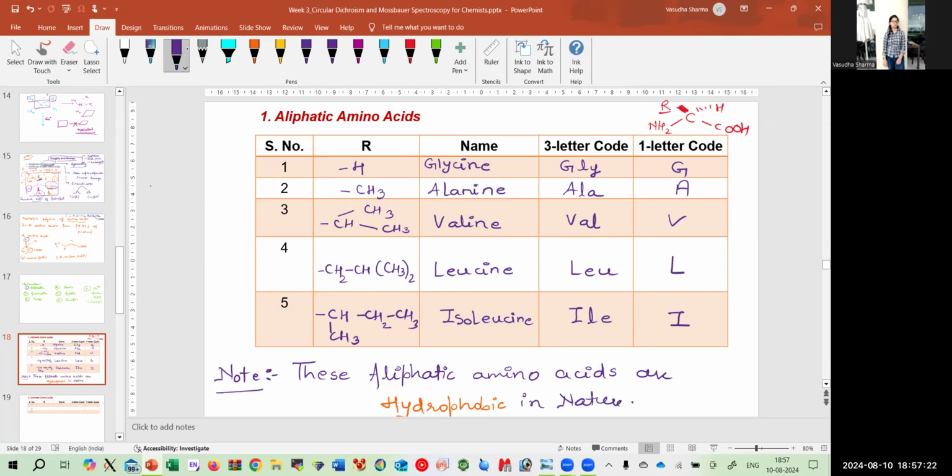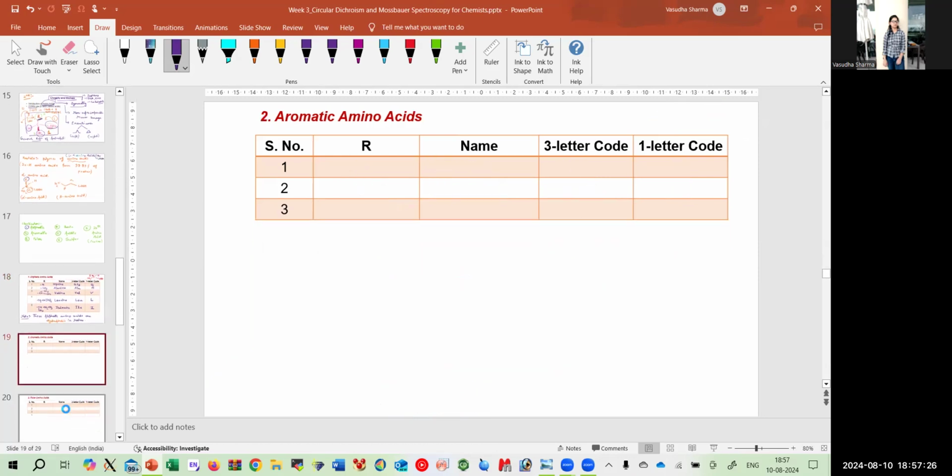So the first classification is done. We will move to the next classification, which is our aromatic amino acids.